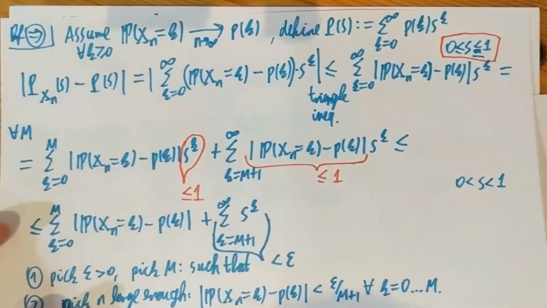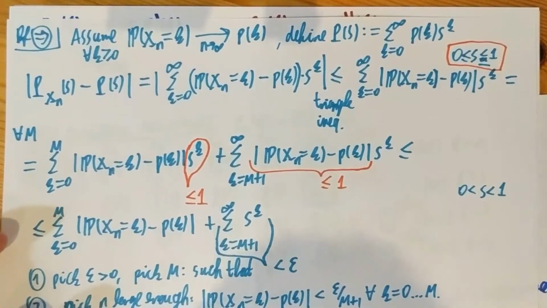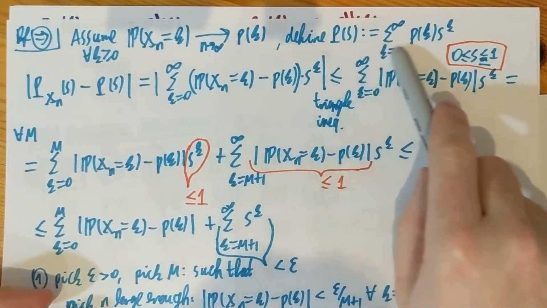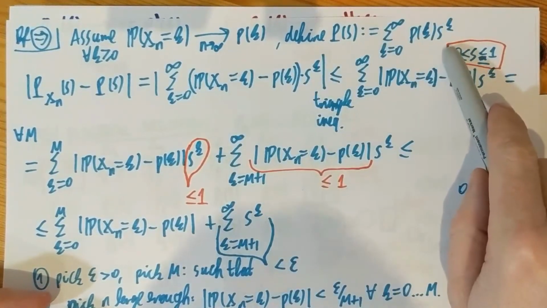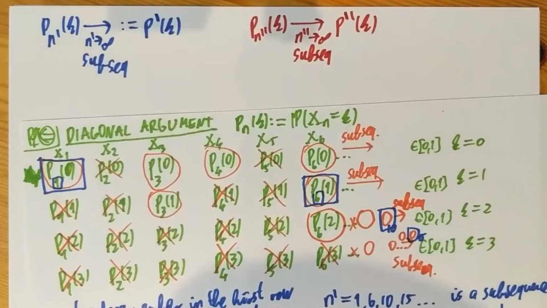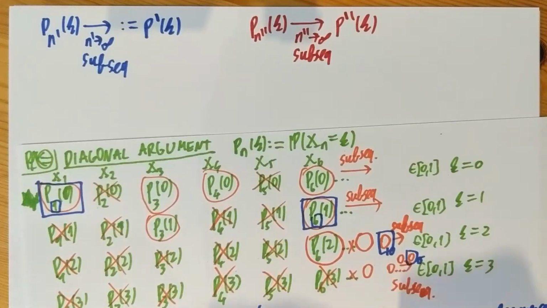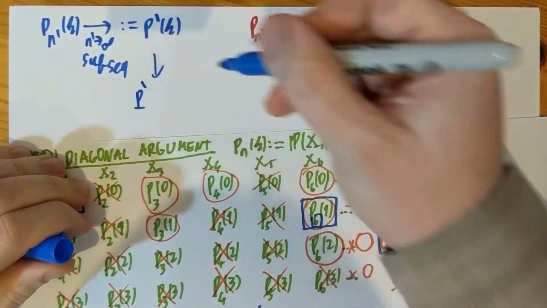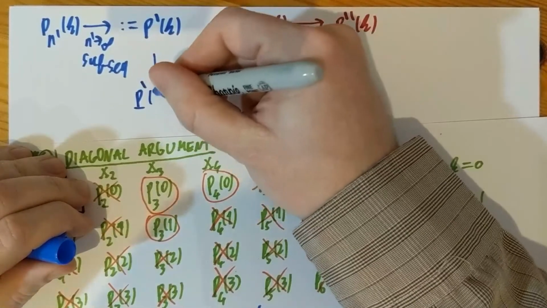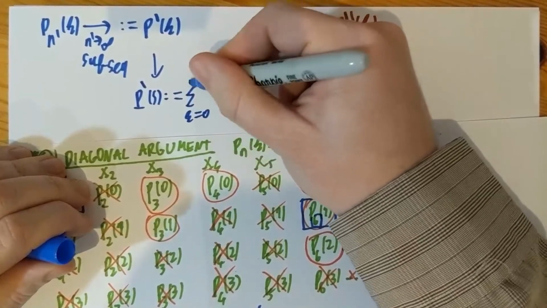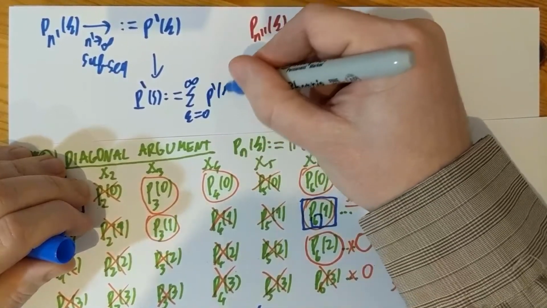Now comes the previous video. The previous video said that if we have convergence of the mass functions and we produce the generating function out of the limit, then there is convergence of the generating functions. So if we produce a generating function out of this p prime, which I'm going to call p prime s, sum k goes from 0 to infinity, p prime k s to the k.